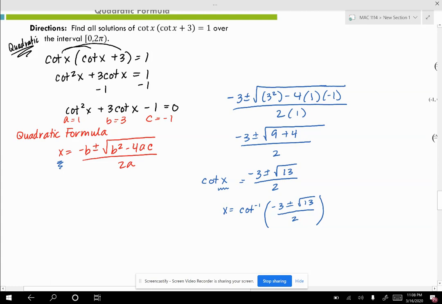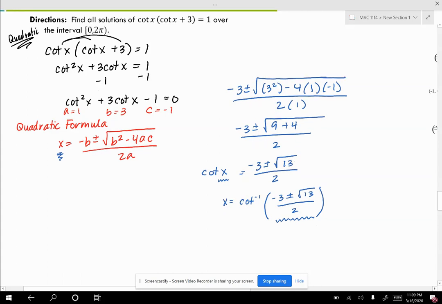Also remember, because we use the quadratic formula, inside of this parentheses is actually 2 answers. This plus or minus here is going to split this into 2 separate answers. One of these answers is going to be negative 3 plus the square root of 13 over 2. And the other one's going to be negative 3 minus the square root of 13 over 2.